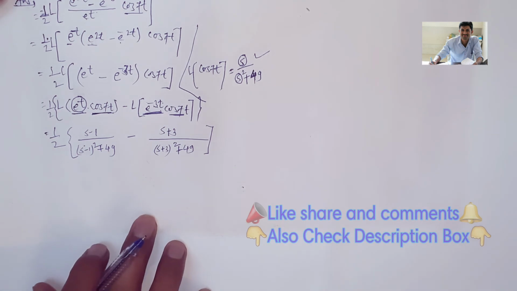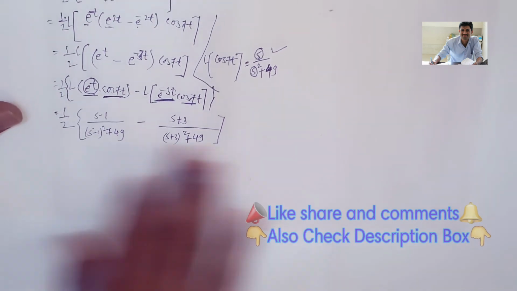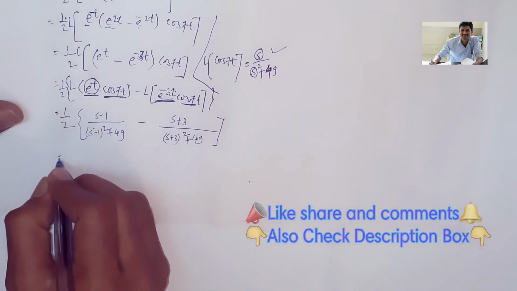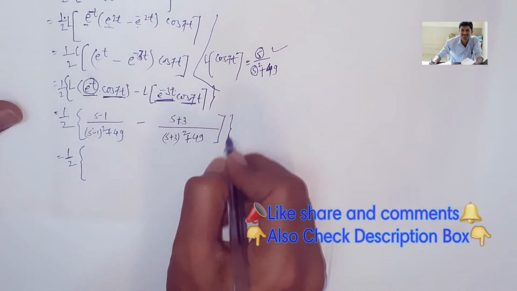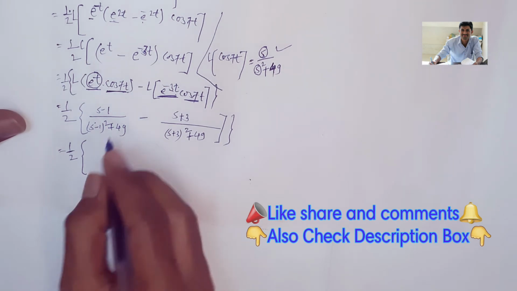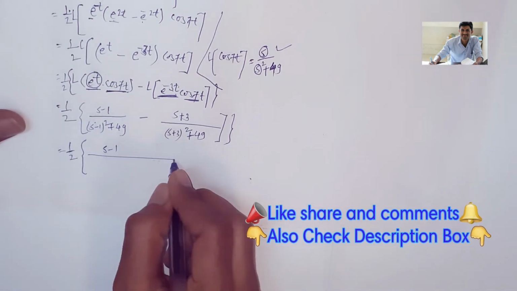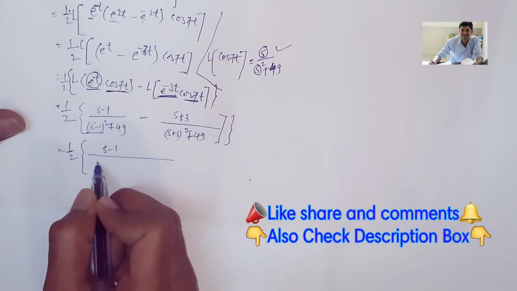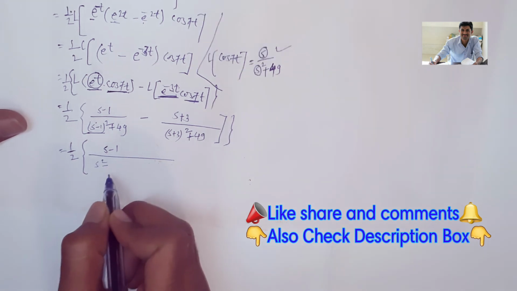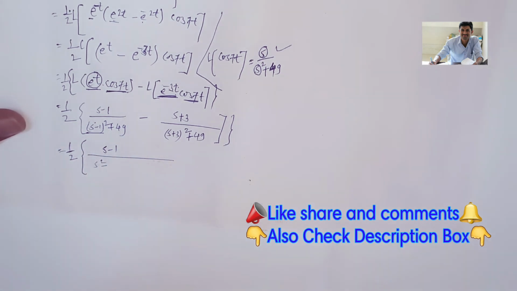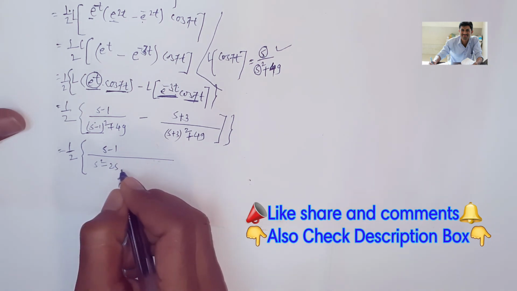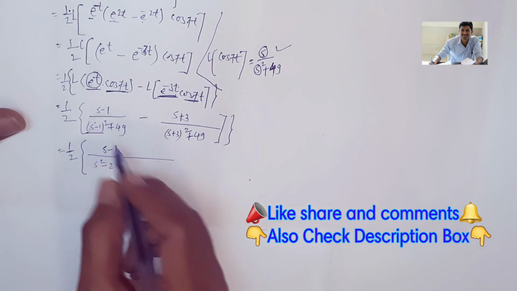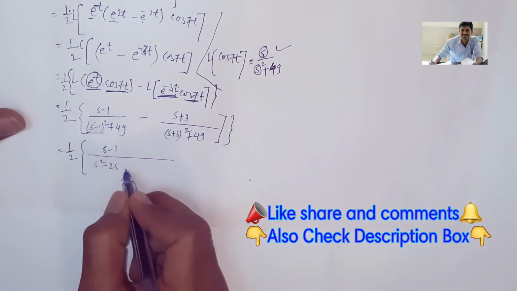Just solve the denominator. This 1 by 2 as it is, so s minus 1 divided by, solving this, it is s square minus 2s plus 1, and adding 49, it becomes 50.